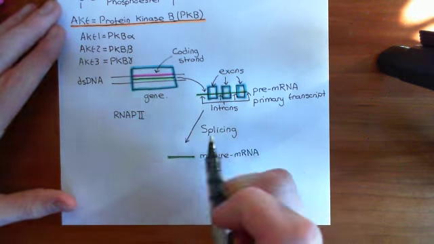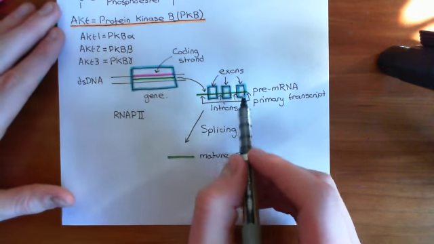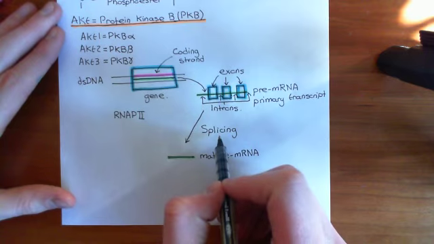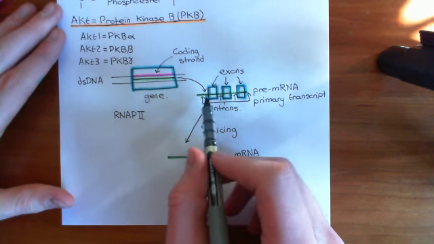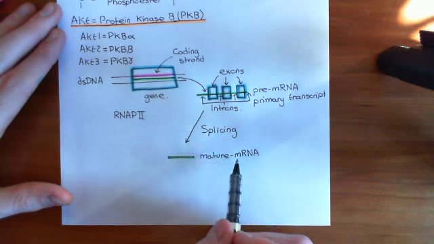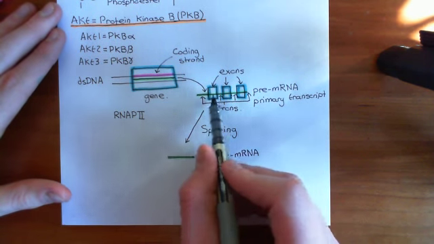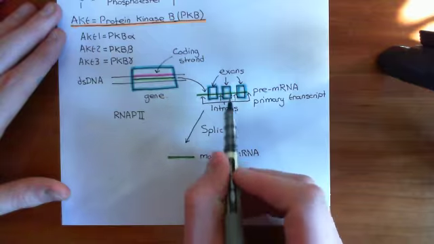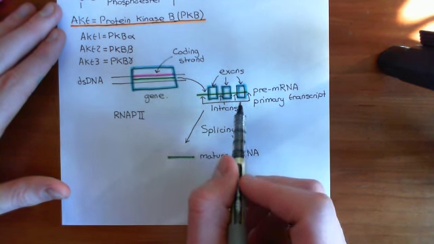Now, in the case of some pre-mRNAs, there are multiple ways that you can splice the pre-mRNA. When you are confronted with a pre-mRNA and you're trying to turn it into something that can actually be translated, there are multiple ways that you can proceed in the case of some pre-mRNAs.